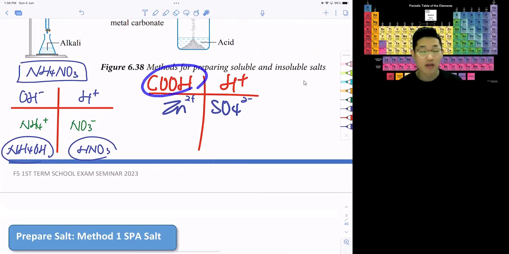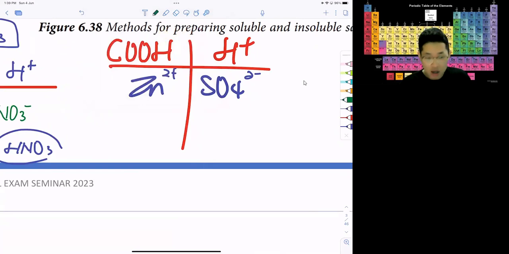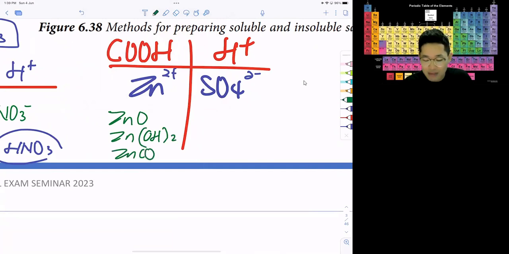COOH, just like the way we memorize the insoluble salt. COOH can be carbonate, it can be oxide, it can be hydroxide. That means it's up to you to choose whether to go for zinc oxide, zinc hydroxide, or zinc carbonate. It's up to you to decide. Unless they say they want zinc carbonate, then you have to use zinc carbonate.